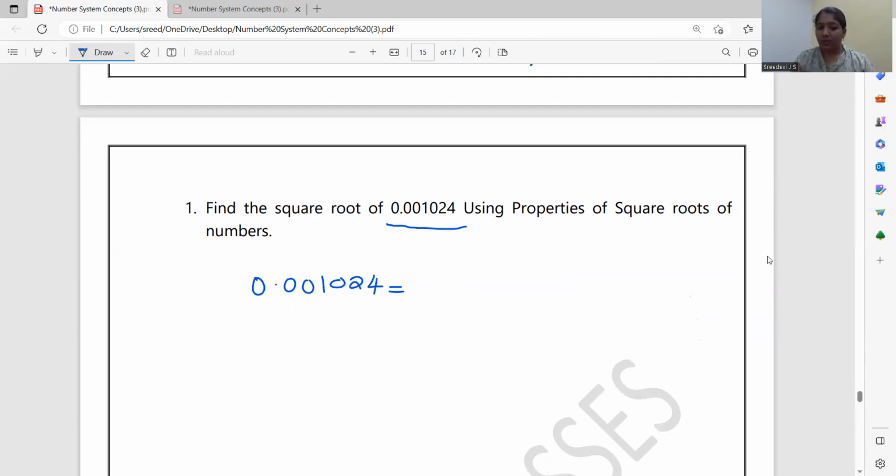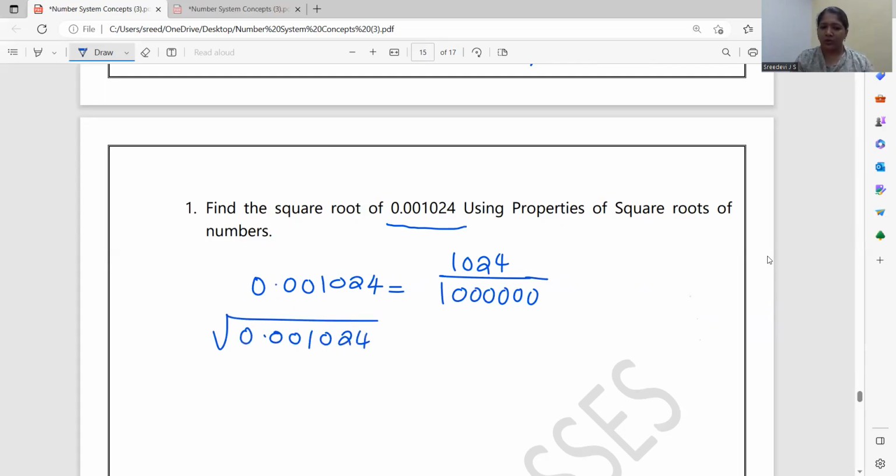So here how many decimal places are there? 6 decimal places are there. So you can rewrite it as 1024 by a 1 with 6 zeros, because 6 decimal places are there. So square root of 0.001024 is equal to square root of 1024 by 1 with 6 zeros.